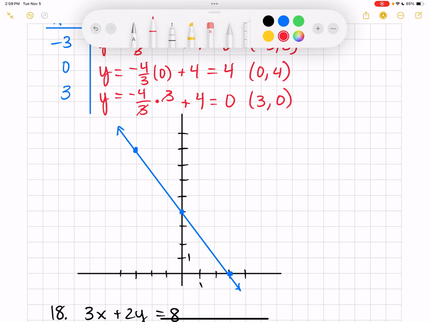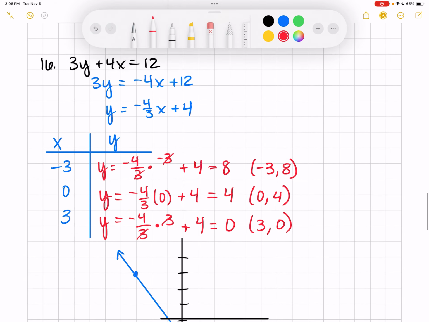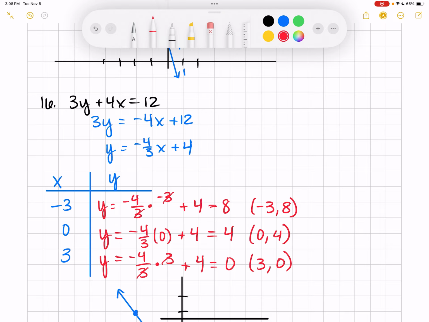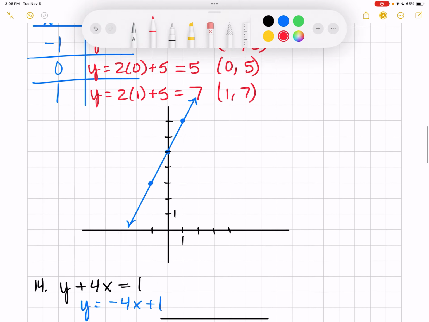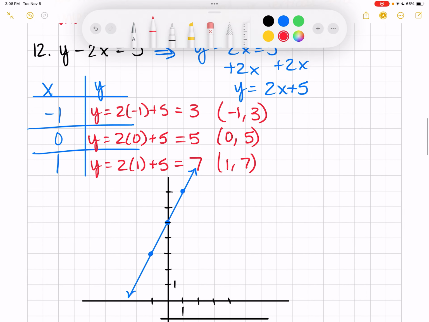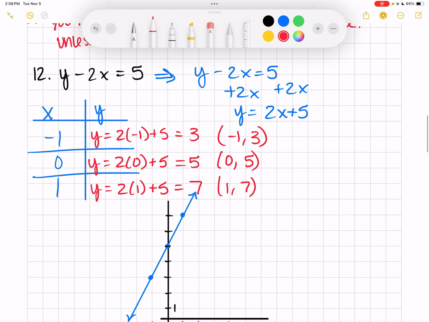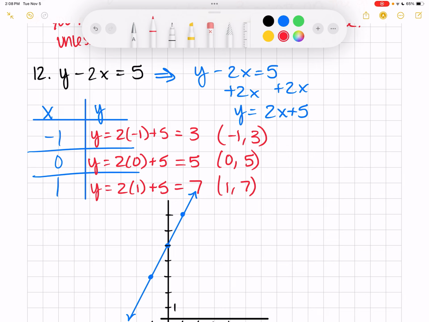It's also going down, and this number was negative. This one, what's this one doing? It's going up, and the number in front of x was positive. So if it's positive, it's going up the mountain. If it's negative, it's going down the mountain. That'll be your little cheat code when we get to stuff later on in this chapter.